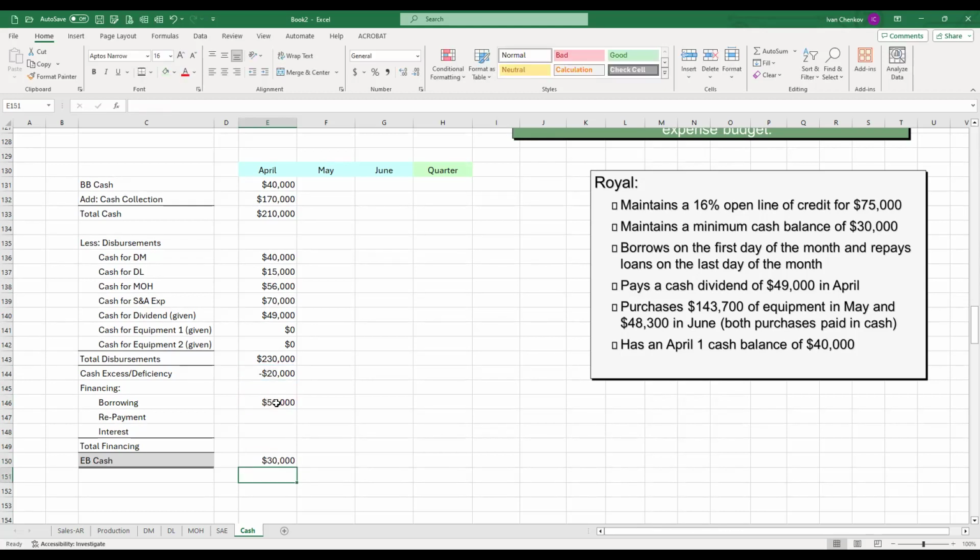Quick question, where did you get the 50,000 from exactly? From the question asked. The question tells you I have to have a minimum of $30,000. So my ending balance has to be $30,000. I don't want to run out of cash.